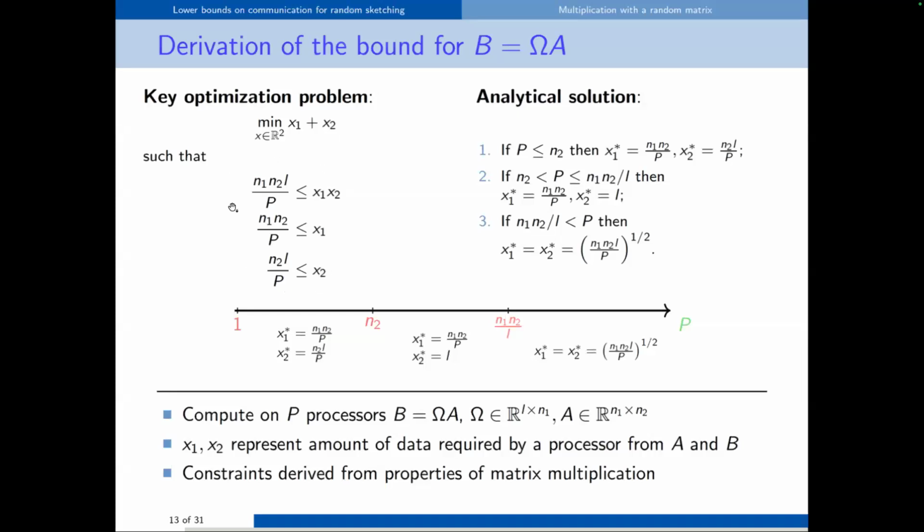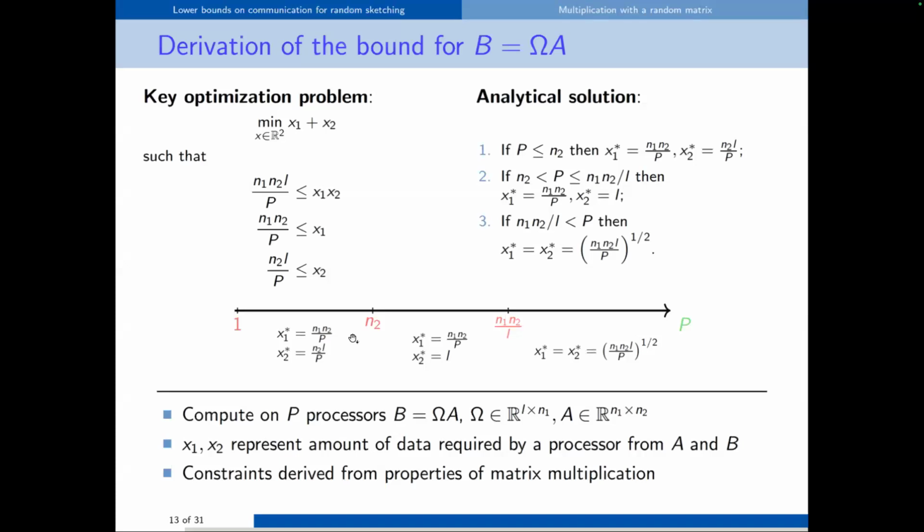And I will have, again, constraints. The first one is, again, coming from Loomis and Whitney, and the others are coming from the fact that we want A and B to be well-balanced among processors, and the communication and the computation as well to be well-balanced among processors. And if we solve this problem, we also have three different cases, depending on the number of processors and on the dimension of the matrix A and of the sketch dimension L, which will give me the matrix omega.